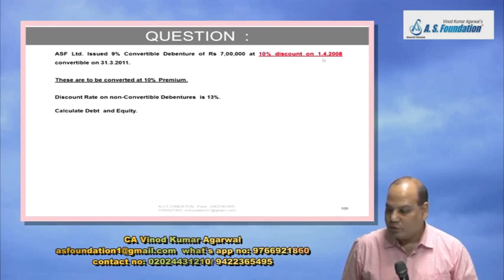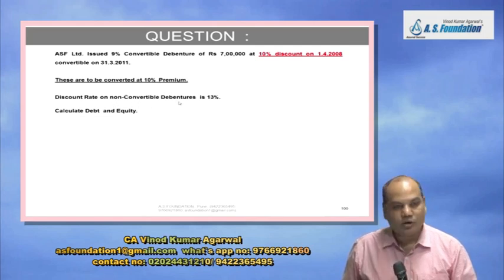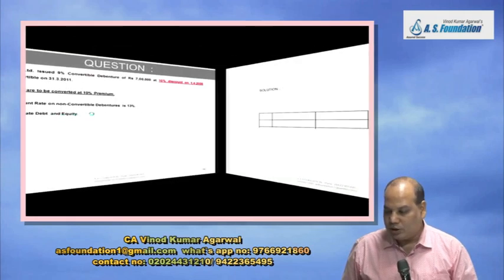Remaining discussion is same: on 1/4/2008, convertible on 31st March 2011. These are to be converted at 10% premium. Rate of discount on similar non-convertible debenture is 13%. Calculate debt and equity.